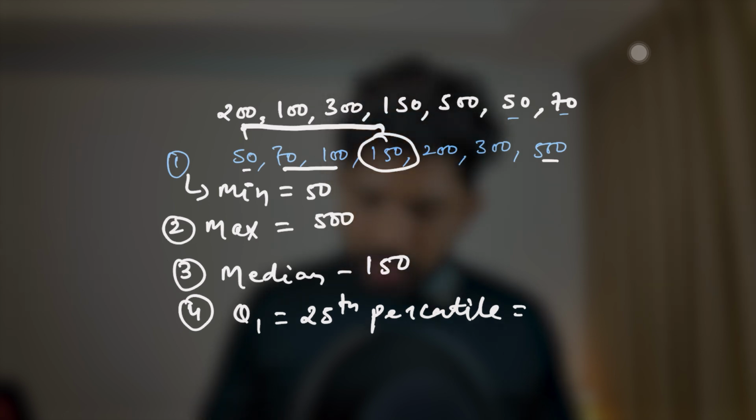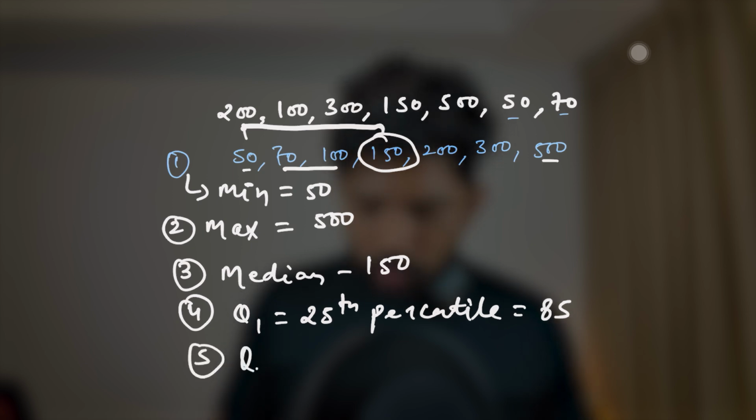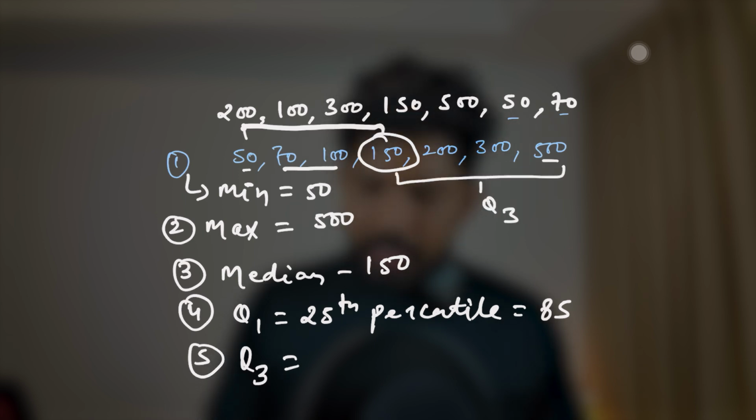So you can write 85 is the Q1. And the last one is Q3, which is the median of the second half. This will be 300 plus 200, which is 500 divided by 2, which will be 250. Or you can say it is the 75th percentile, which is 250.